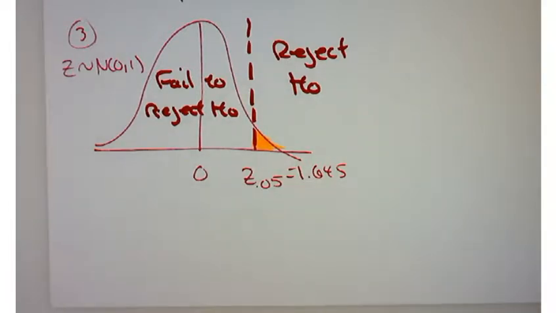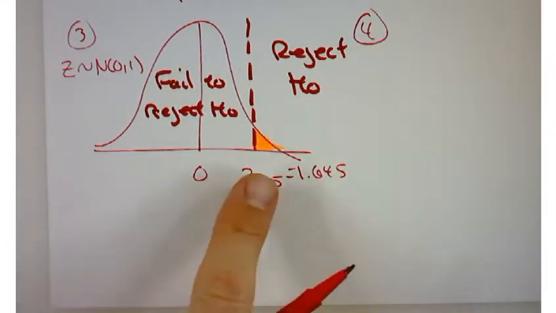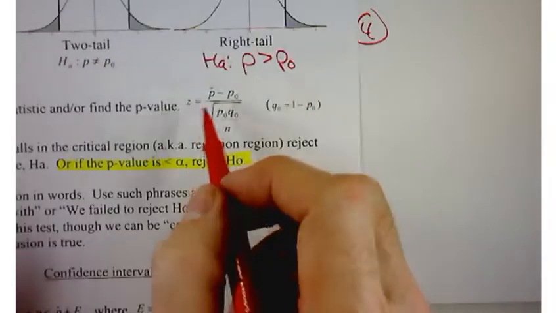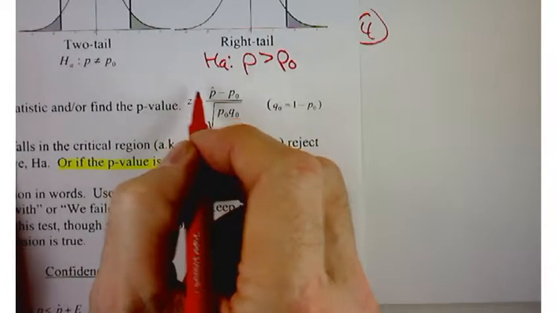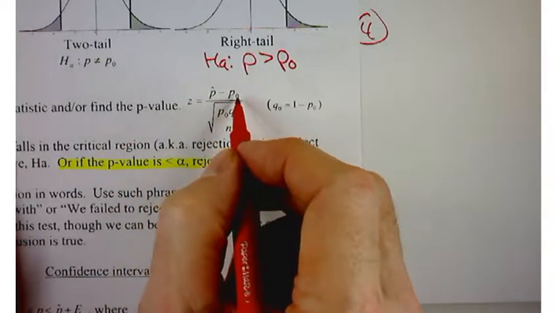Now we can actually calculate the value of Z, which is our test statistic. It's going to help us decide, do we believe it or do we not believe it? And that calculation is given to you right here. You're going to take p hat, which is your sample estimate, minus p sub 0. P sub 0 is going to come from your null hypothesis.